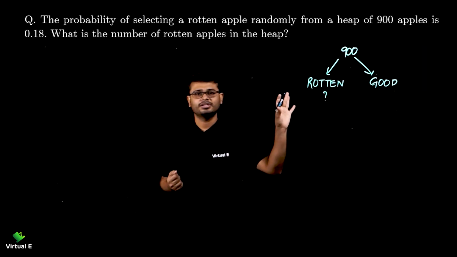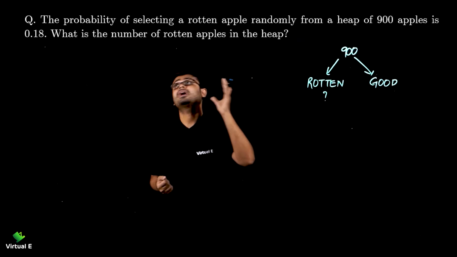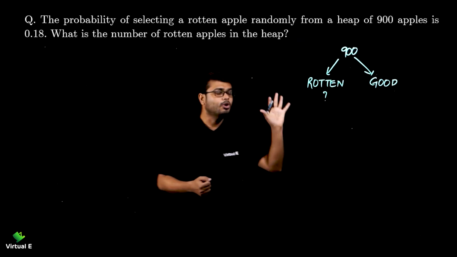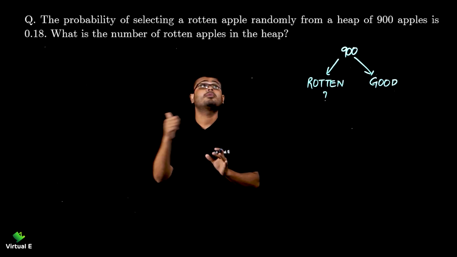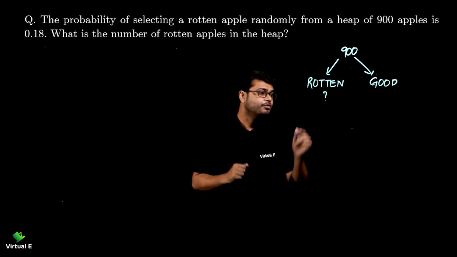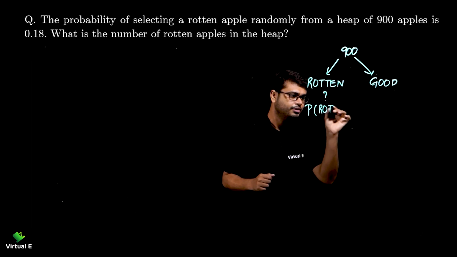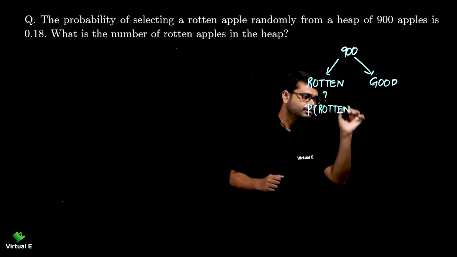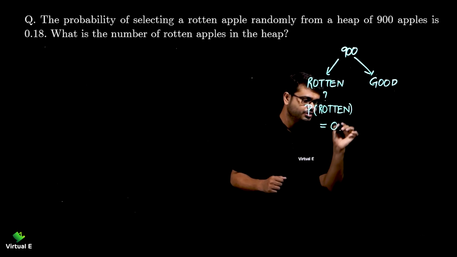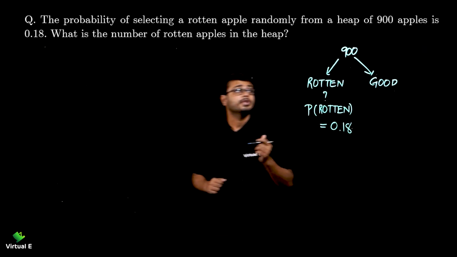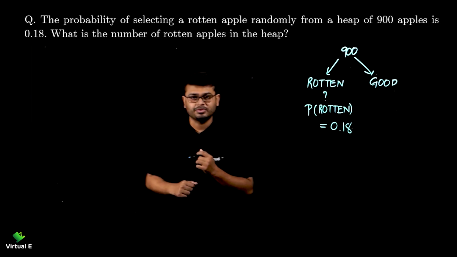We are not interested in the good ones because nothing is mentioned about them in the question, so don't bother about it, right? Now one more thing is given: the probability of rotten apple is equal to 0.18. Okay, so how shall we proceed?